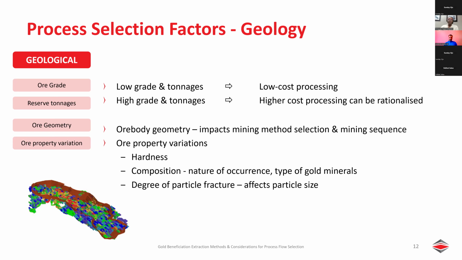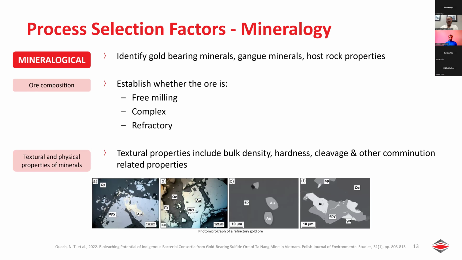Okay, moving on to the mineralogical factors. These include the ore composition and physical properties of minerals. So at this stage, your gold-bearing minerals and gangue minerals are identified, as well as the properties of the host rock. So these results help with establishing whether your gold ore is free milling, whether it is complex or refractory, and to what extent that it is refractory.